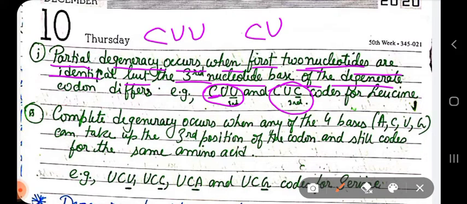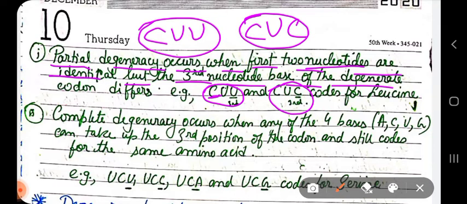CUU and CUC, these two codons code for the same amino acid, leucine. You can see the third letter of this codon is changing, but still it is coding for the same amino acid. That is called partial degeneracy.